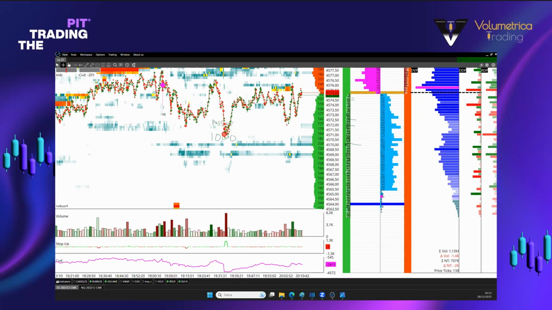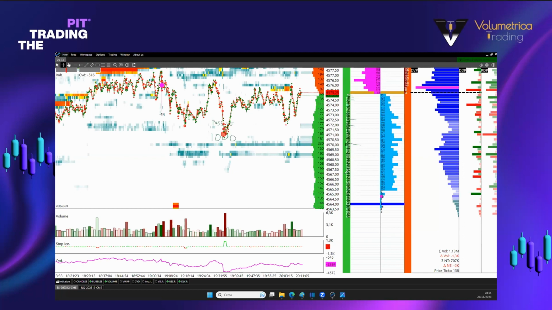So let's imagine having a 1,000 quantity being placed on the order book. It will be outstanding compared to all of the other levels, compared to the average of what the liquidity is.